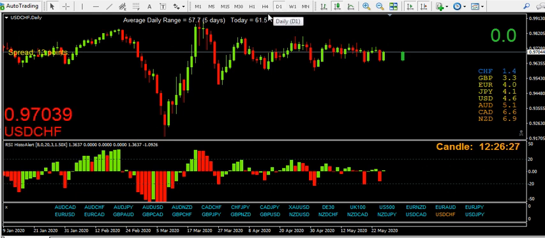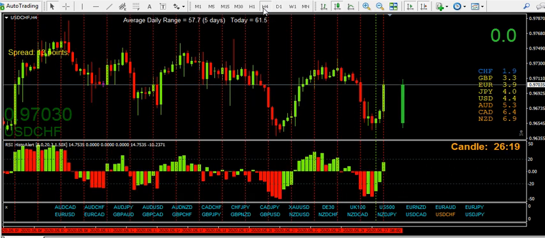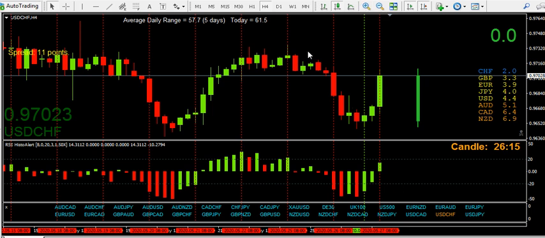So let's get down and see how we could have traded this reversal. I haven't looked at this, so I haven't got a clue what might have happened. We're only really concerned with this down move and this up move.